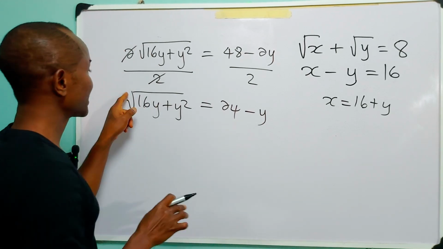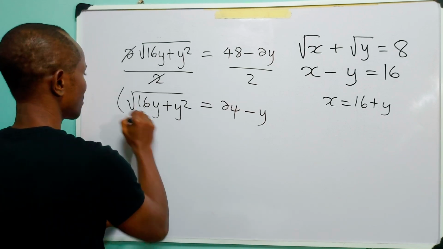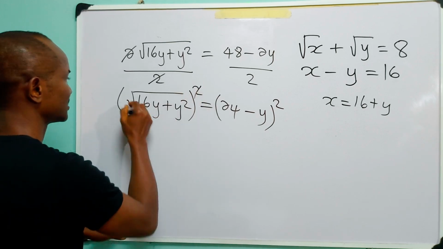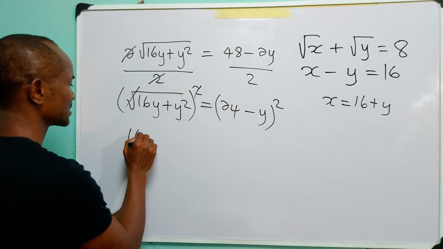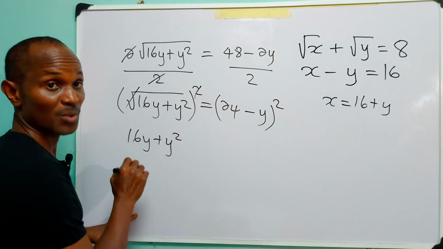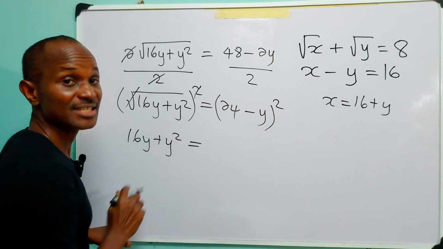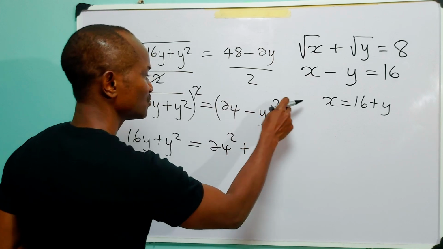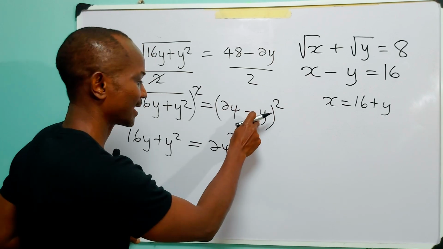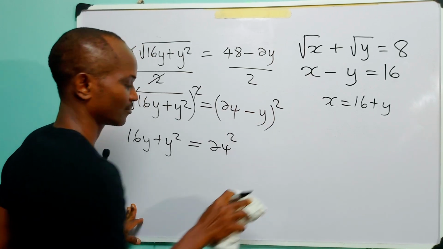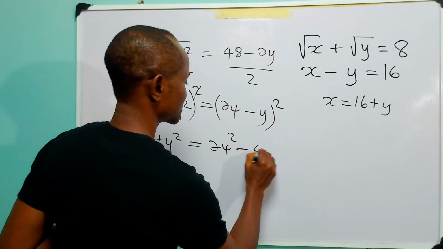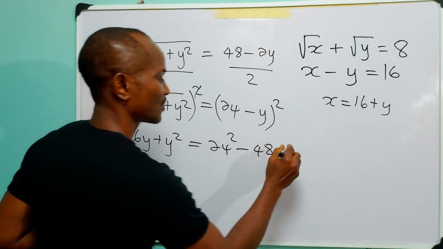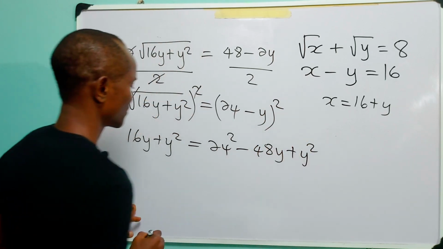Now, at this point, to take care of this square root sign once more, we square both sides of this equation. And this takes care of that, leaving us with 16y plus y squared is equal to, opening this bracket, we have 24 squared plus 2 times 24 times minus y. So that is minus 48y. Then minus y squared, that is plus y squared.